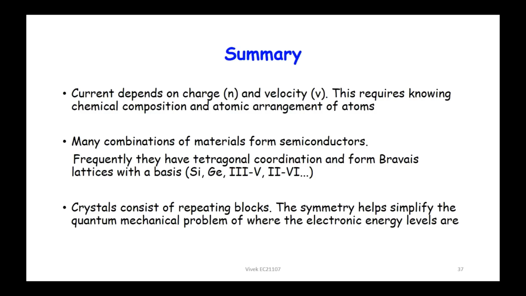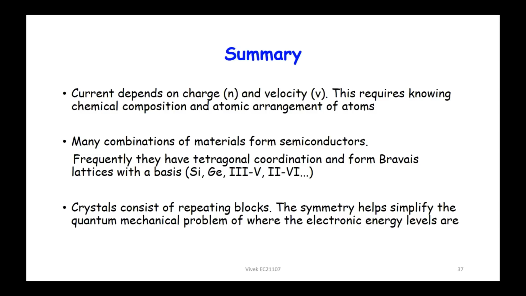So it depends on the constituent atoms and their crystal structure. The semiconductors of interest in this class are silicon, germanium, and III-V semiconductors like gallium arsenide. They crystallize in a structure similar to the diamond lattice. In silicon there is only one type of atom, so we call it the diamond lattice.